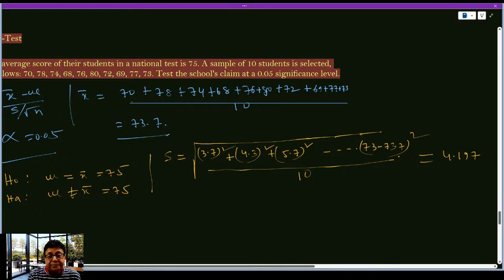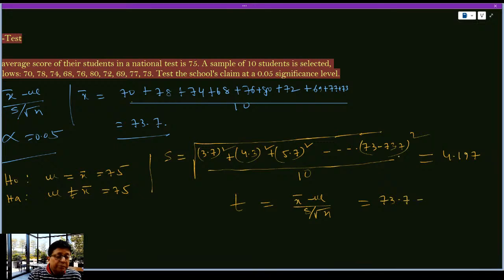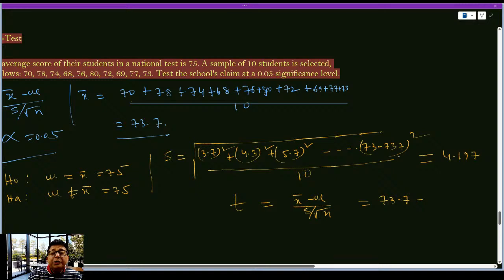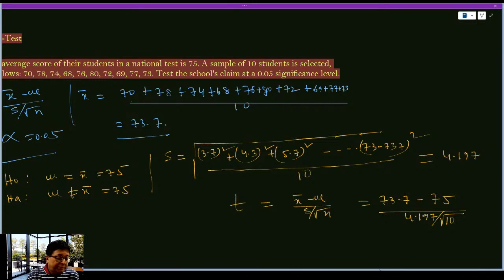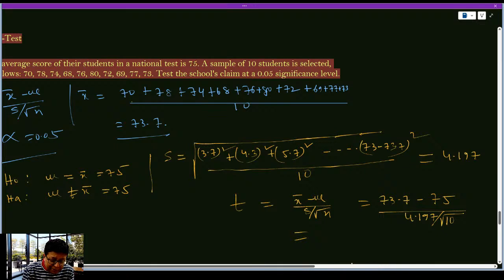Okay, now find t. We got S, so t equal to x bar minus mu, where x bar you got, and mu the authority has told is 75, that divided by S by root n, with n being 10. So again I have to calculate this. I am not here to show you the calculation. Please do it yourself. I am doing it very fast here.